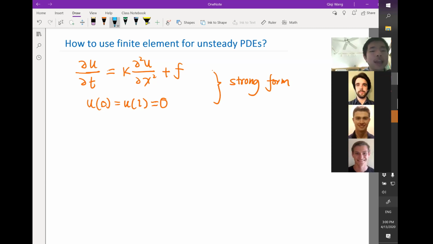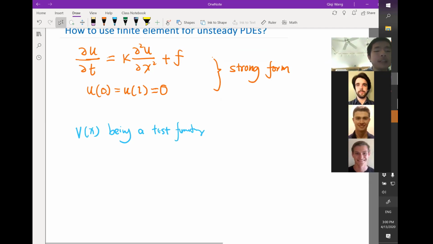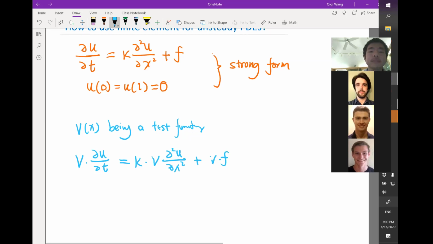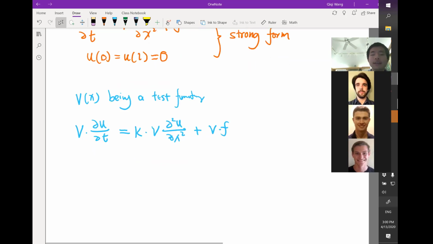So if I have any v of x being a test function, then my v times du/dt has to equal kappa times v times the second derivative of u, plus v times f, right? That has to be true for any v, okay? And then we integrate over the whole domain, and that, of course, still has to be true for any v.